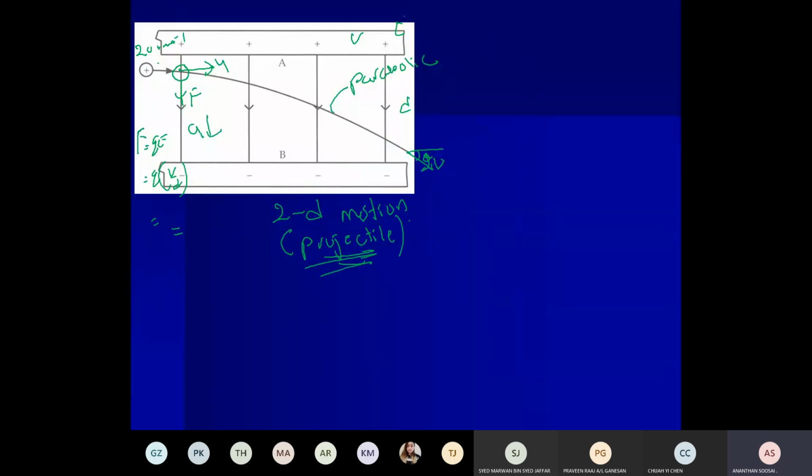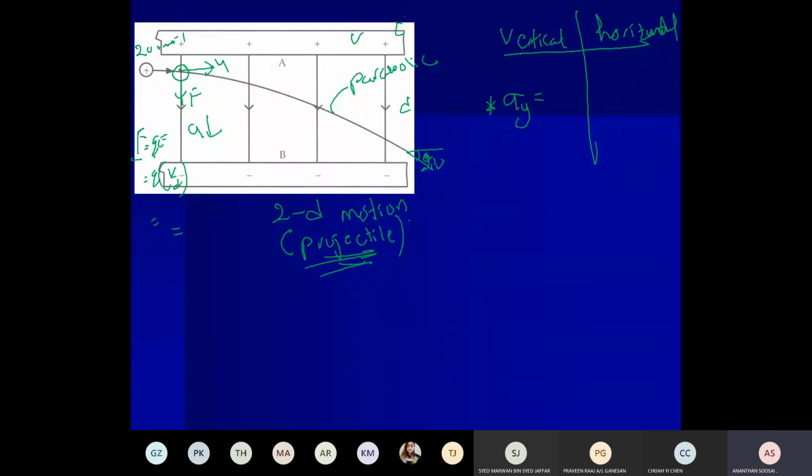So when the charged particle moves horizontally, how do you deal with projectile last time? You need to get a vertical and horizontal component. Last time AY is negative 9.81, but in this case, the AY for electric field is different. This is the only different AY. How do you find the AY? By using the force.